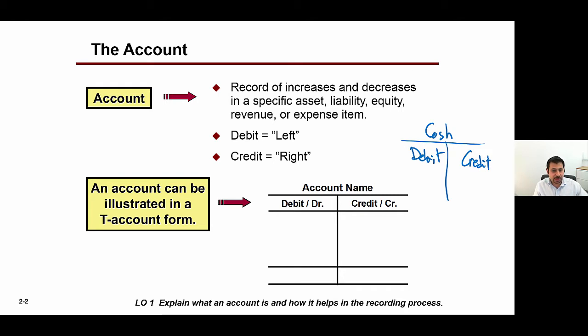It's as simple as that. You can debit an account, or you put it on the debit side, or you can credit an account, or you can make the entry at the credit side. That would be to the right. And here, you have the debit, the credit, and then here you have the balance.